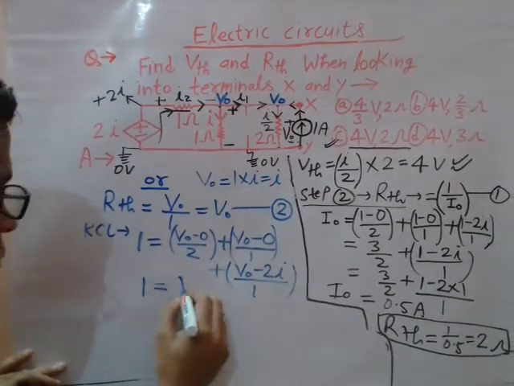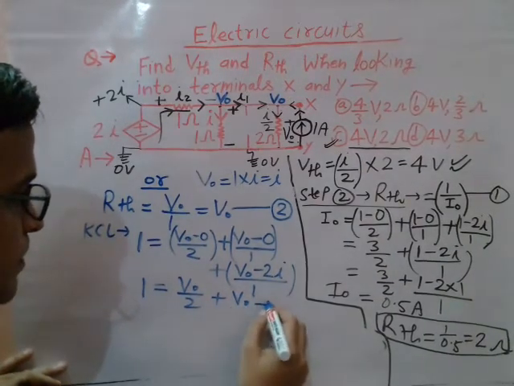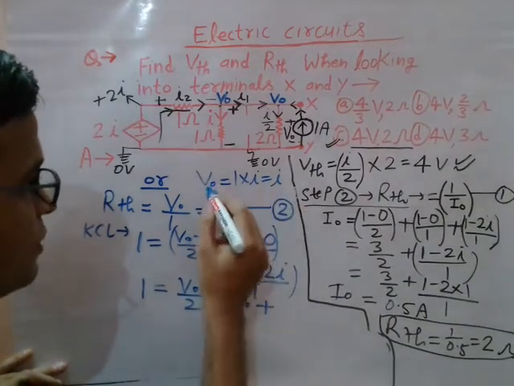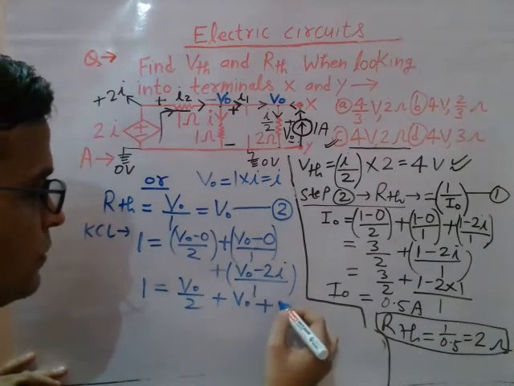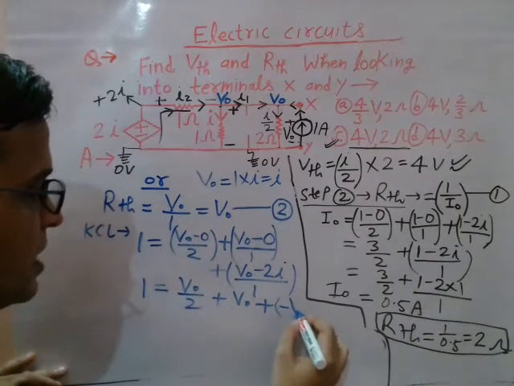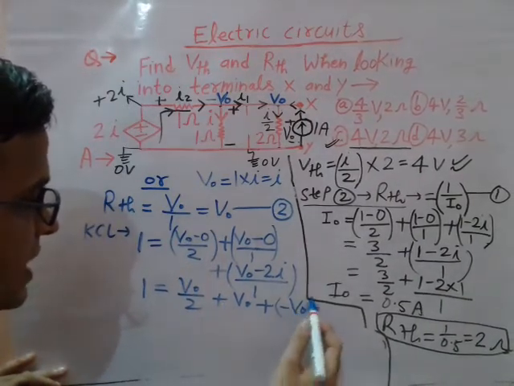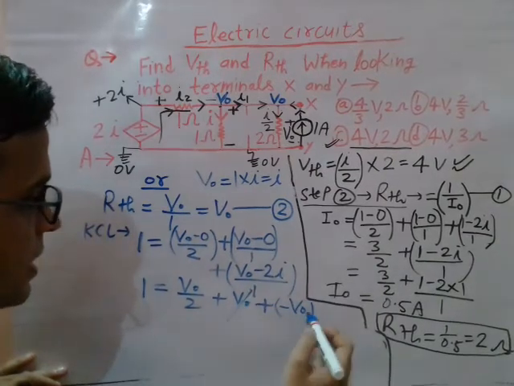So 1 is equal to V0 by 2 plus V0 plus I, and I is V0. In place of I put V0. So V0 minus 2 V0, that means this is minus V0 divided by 1, plus V0. Minus V0 and plus V0 get cancelled, right?